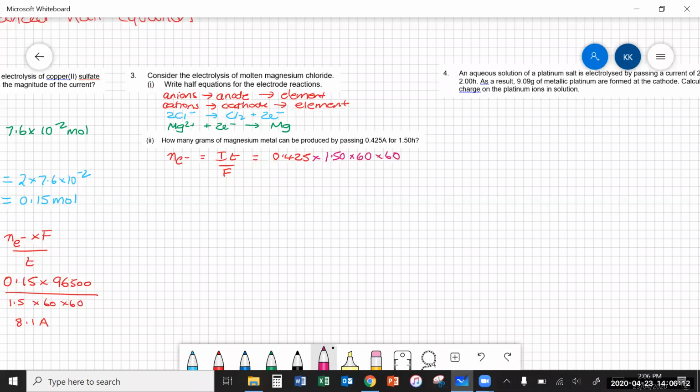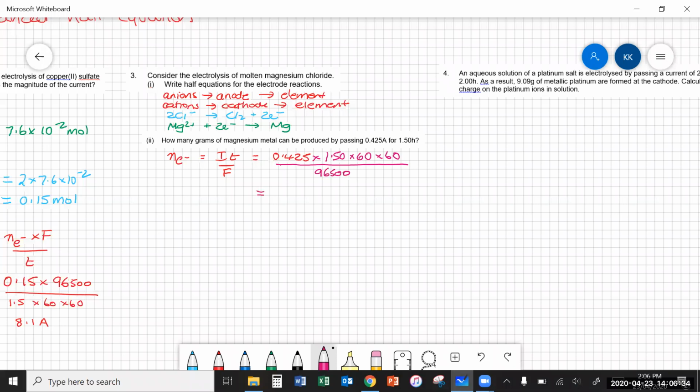When you times 60 and times 60 again, that's not going to limit you to two significant figures, because if you're working out the number of seconds in an hour, it can be as many significant figures as you need. And then that is over our Faraday constant, 96,500.